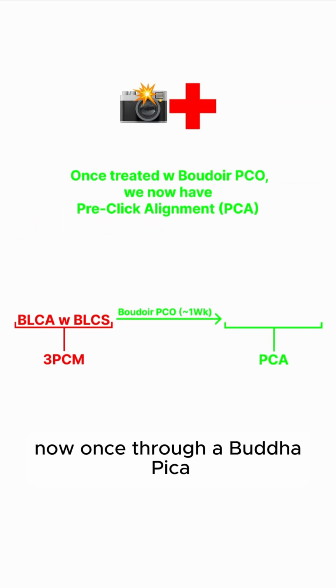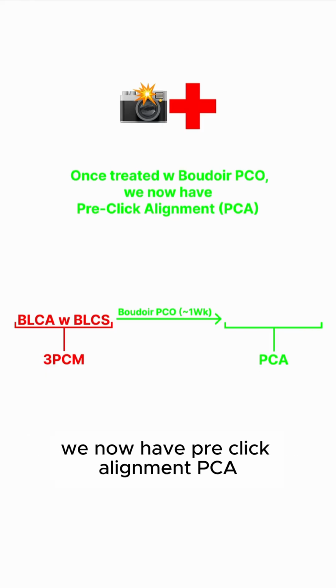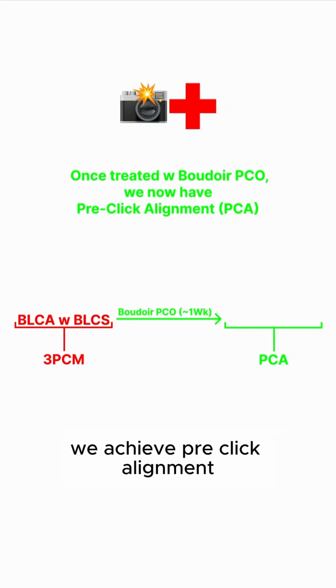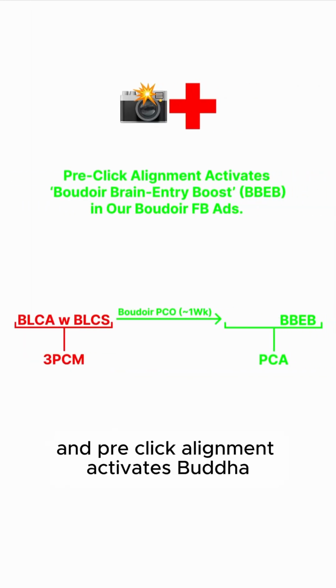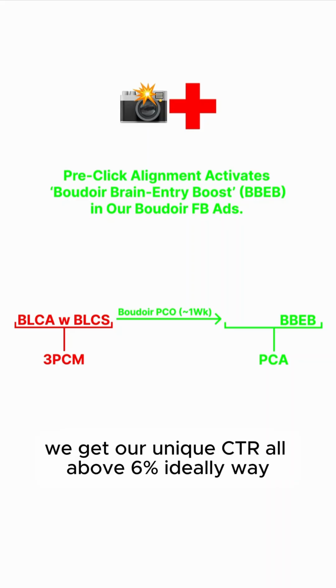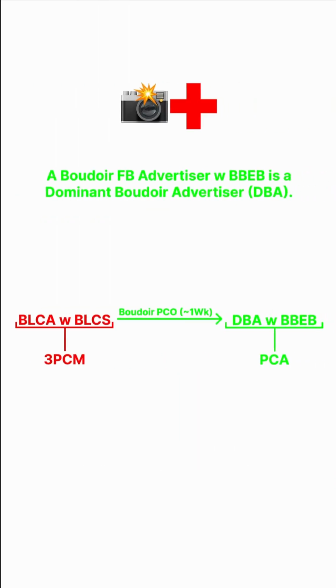Now, once treated with Boudoir Pico, we now have pre-click alignment, PCA. So we get rid of the 3 pre-click mistakes. We achieve pre-click alignment, and pre-click alignment activates Boudoir brain entry boost in our Boudoir Facebook ads. Basically, we get our unique CTR above 6%, ideally way, way, way above it.